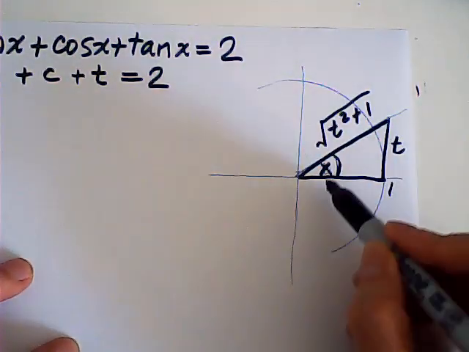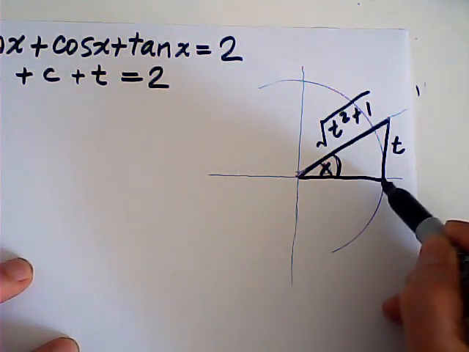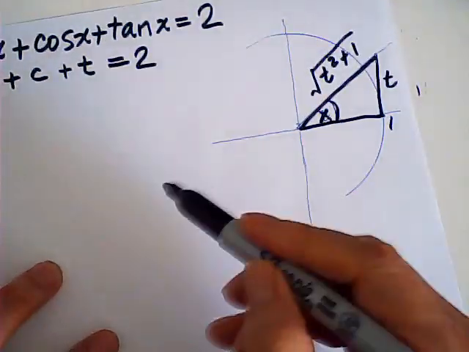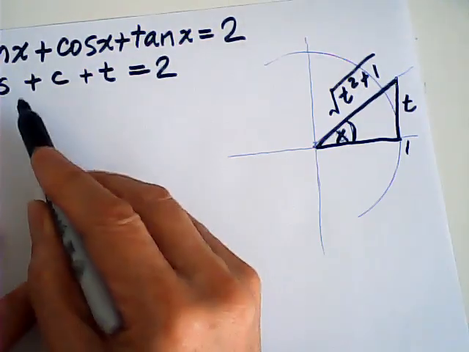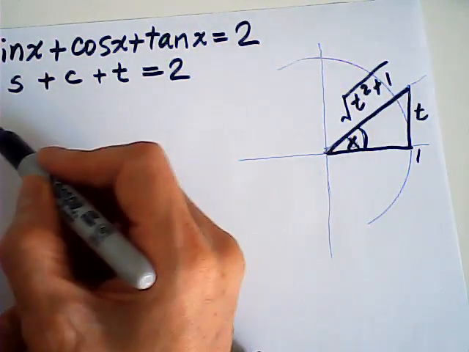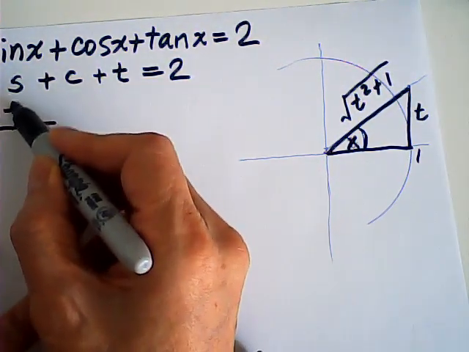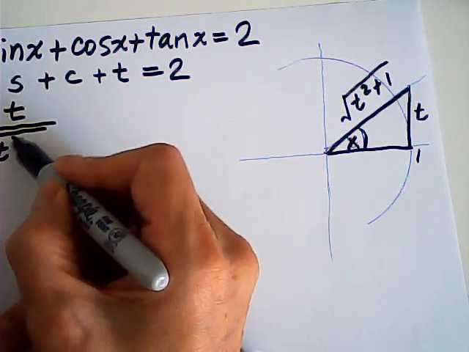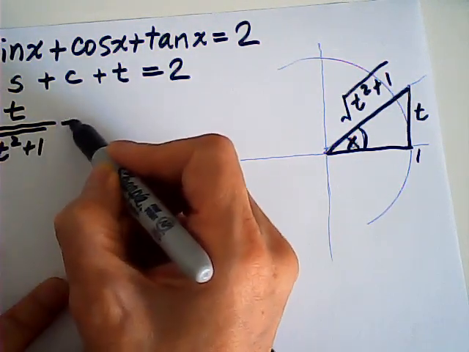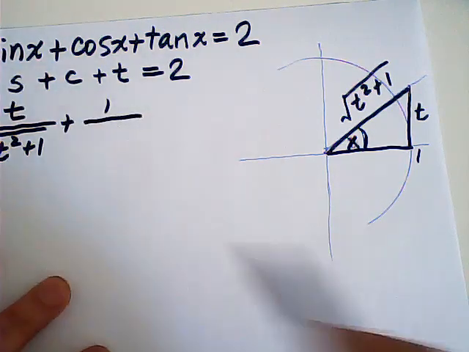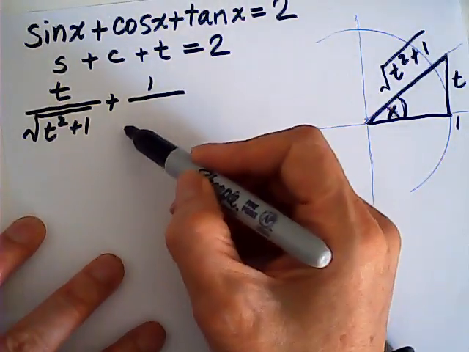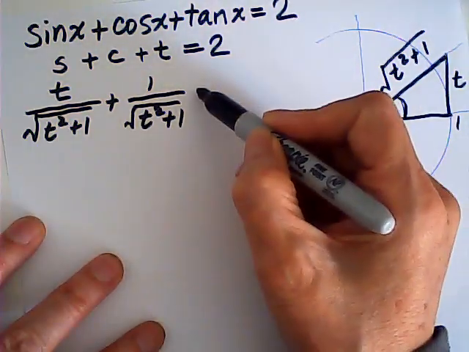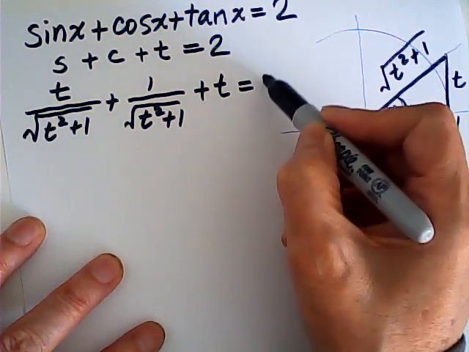Okay, since this is 1, therefore cosine will be 1 over that. Well, start from sine. Sine is t over that. Sine is t over the square root of t squared plus 1, plus 1 over the square root of t squared plus 1, plus t is equal to 2.